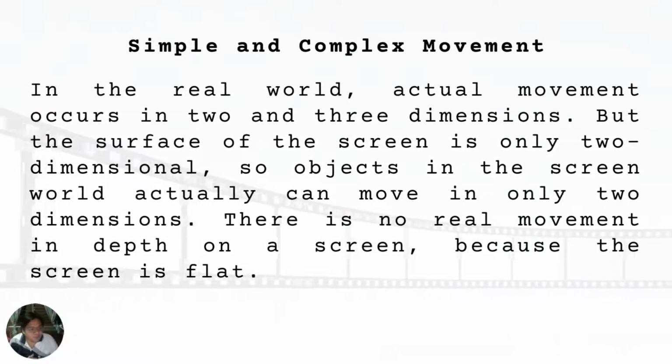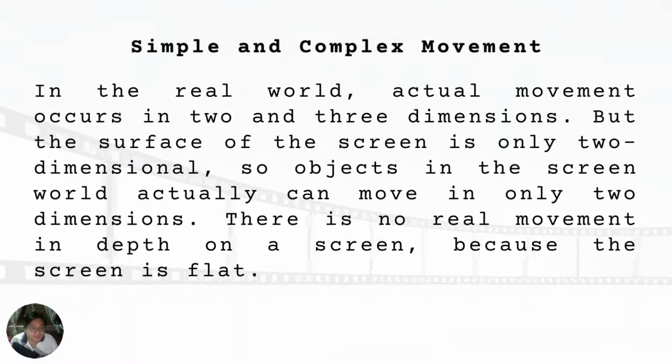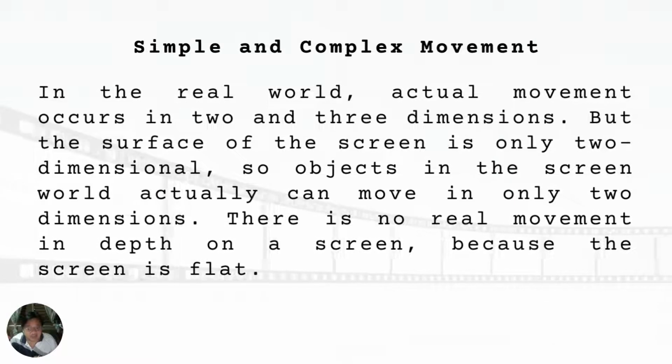Of course, we have simple and complex movements. Now, in the real world, actual movement occurs in 2 or 3 dimensions. But the surface of the screen is only 2-dimensional, so objects in the screen world actually can move only in 2 dimensions. Okay?